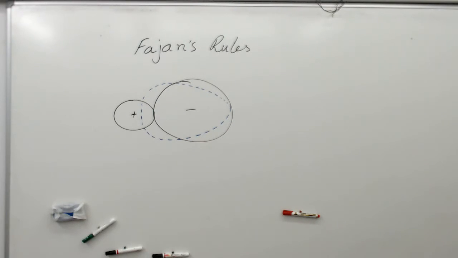The first one, small size of the cation. That is the first one.